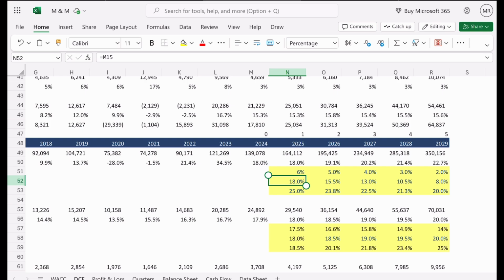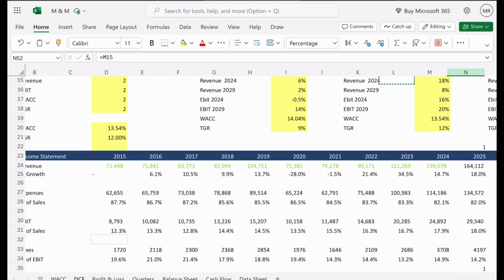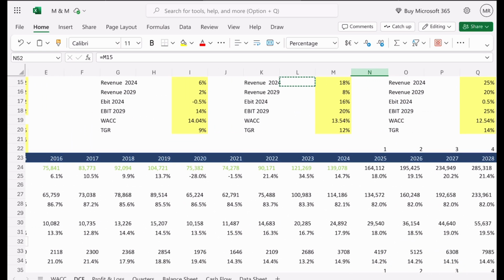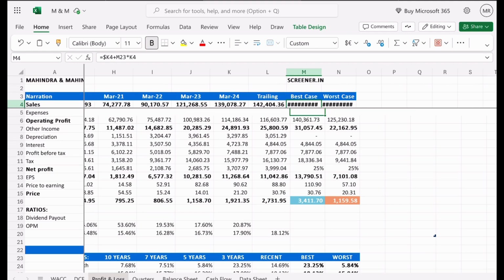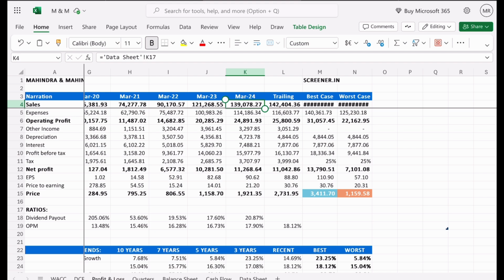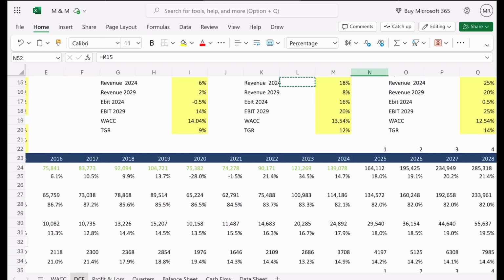So you can see in the revenue projection, they have this number which is their 2024 sales figure, and right now it's Friday, 1st November 2024. They are projecting this number, and the best and the worst.